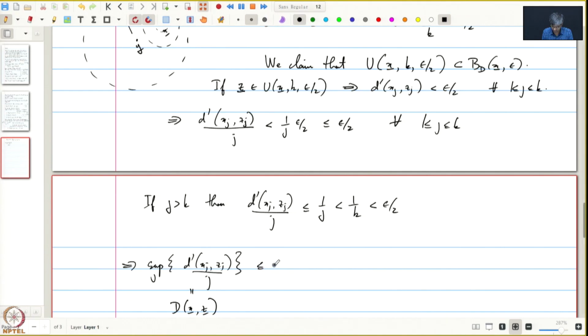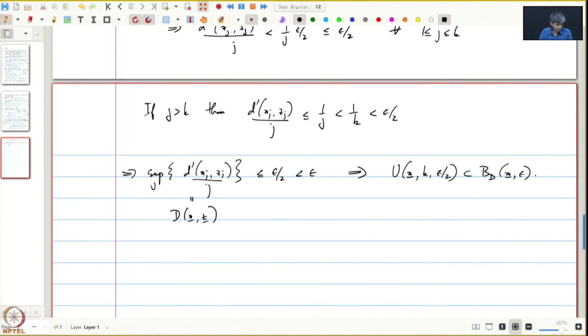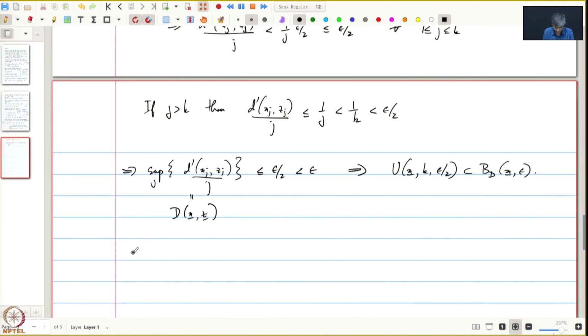This is less than or equal to epsilon by 2, which is strictly less than epsilon. So we started with this z and showed that its distance from x in the metric is less than epsilon, which implies that U x comma k comma epsilon by 2 is contained in B d x comma epsilon.